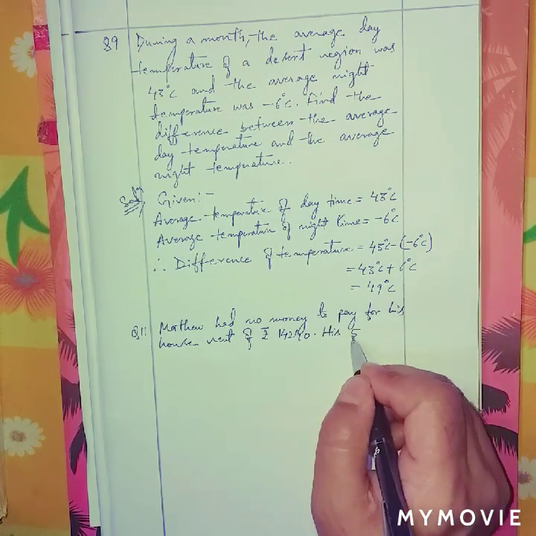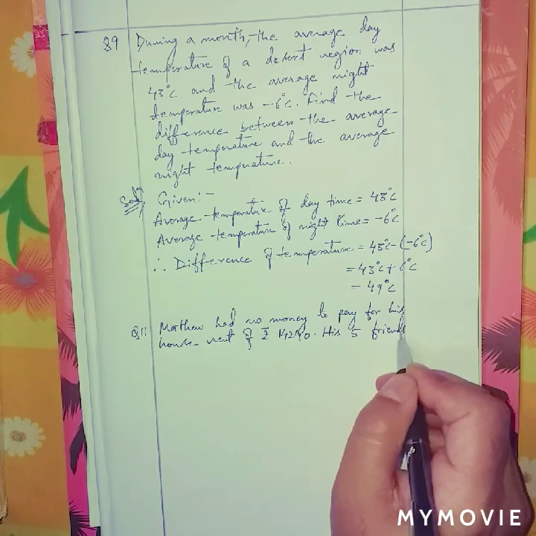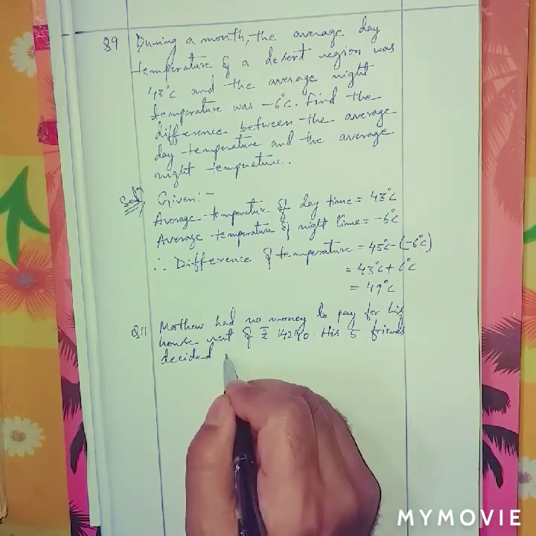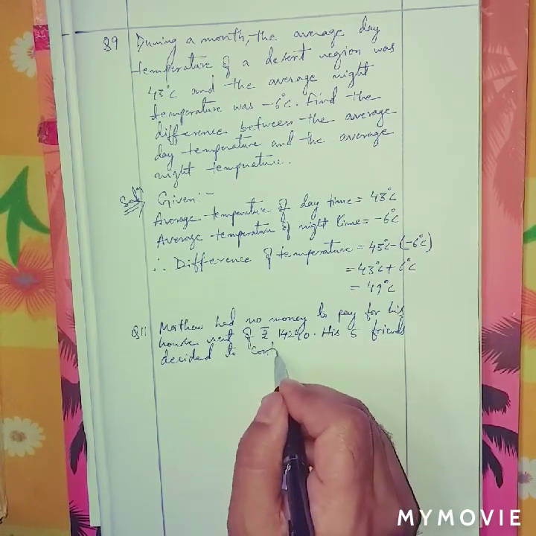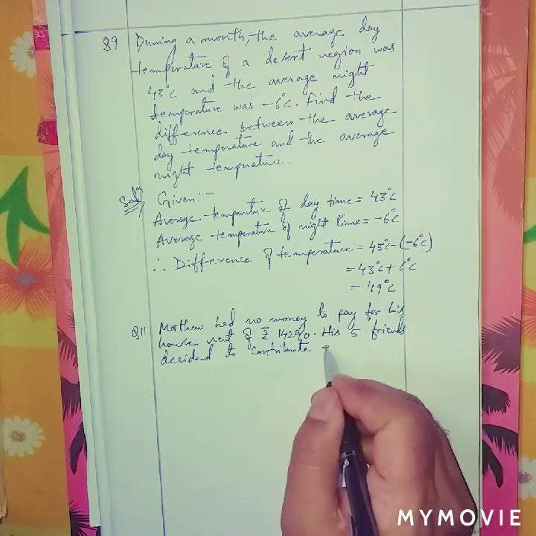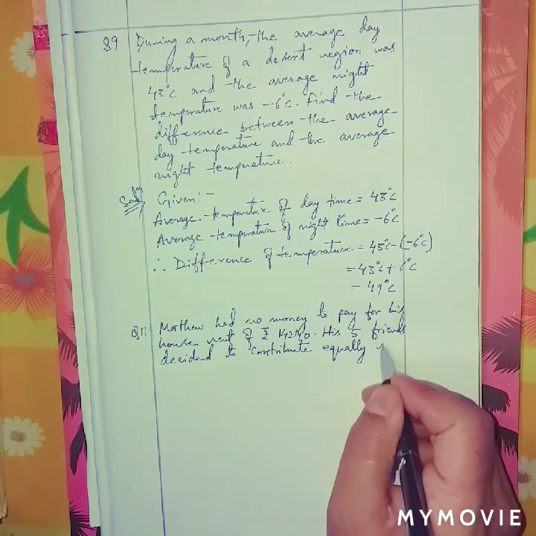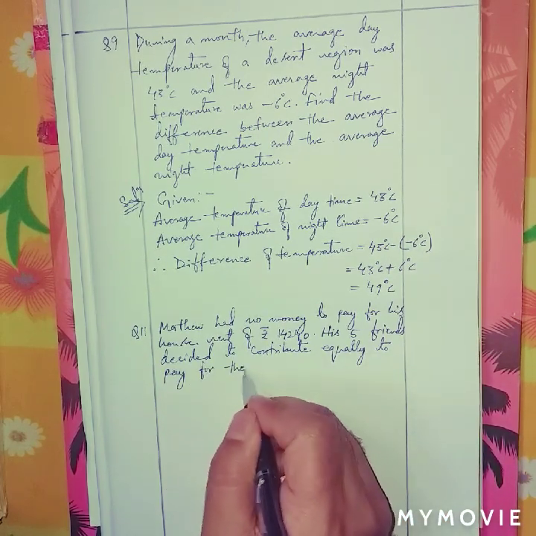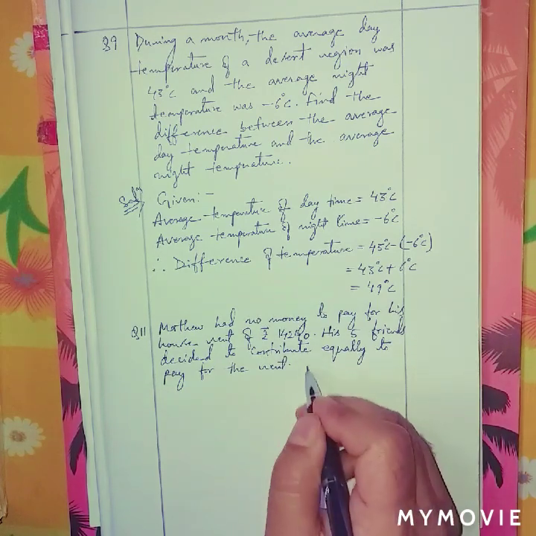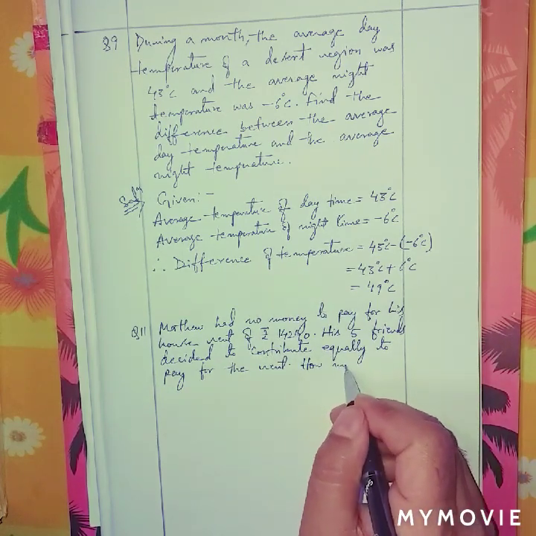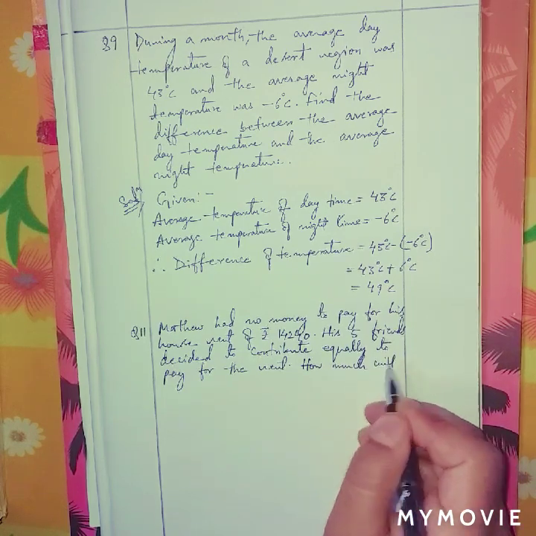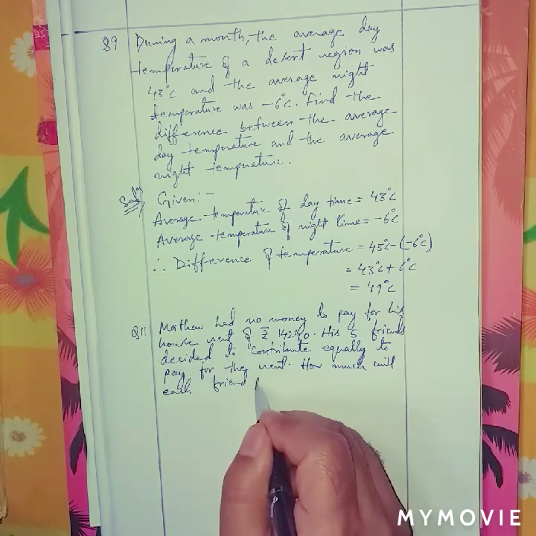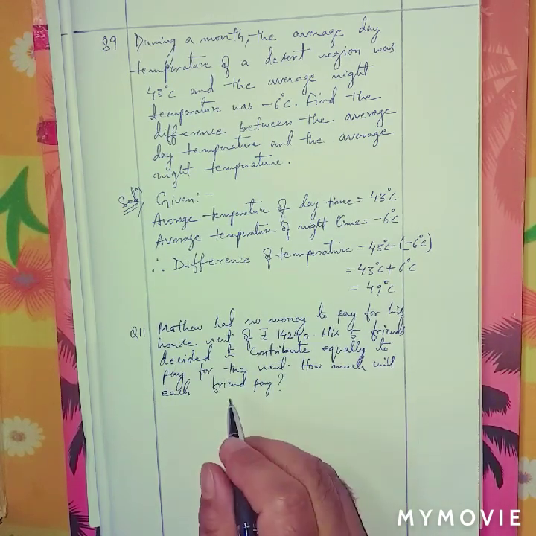His 5 friends decided to contribute equally to pay for the rent. How much will each friend pay?